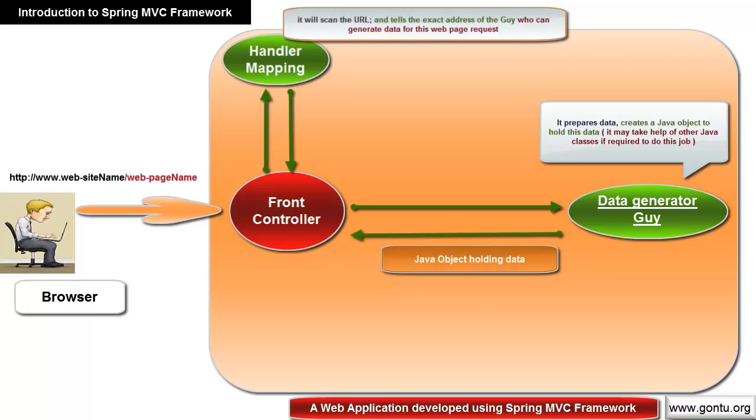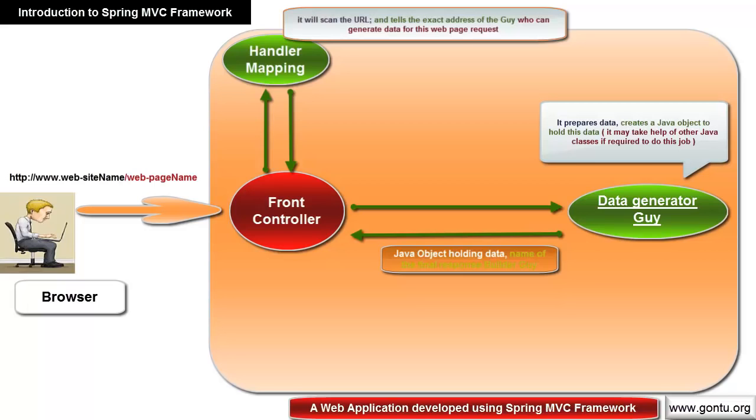In addition to the Java object holding data, it sends one more thing to the front controller, and that is the name of the component which is going to retrieve data from this Java object, along with mixing it with HTML to prepare the actual response. It's something similar to the situation. The person who asked for the address of the gift shop to you reaches to the shop as per your guidance.